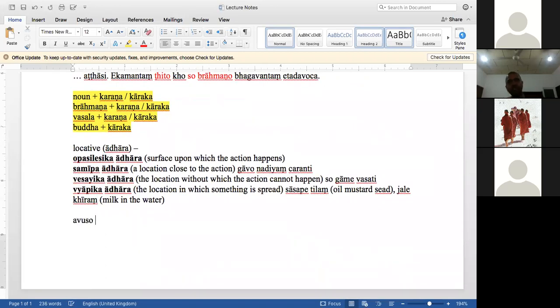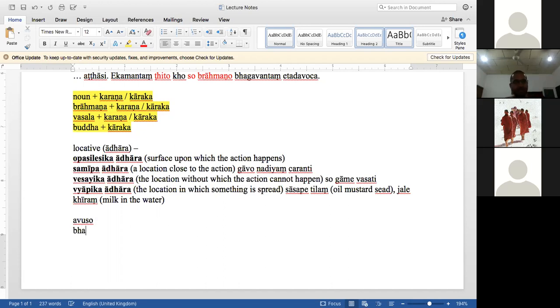Auso, in those days, was used to address people of similar status. When the Buddha met the five ascetics for the first time to give the Dhamma talk, they called him Auso. And the Buddha said, don't call the Blessed One, the Bhagava, the Tathagata, Auso. It's not proper. So the monks used to call the Buddha Bhante, the respected one.